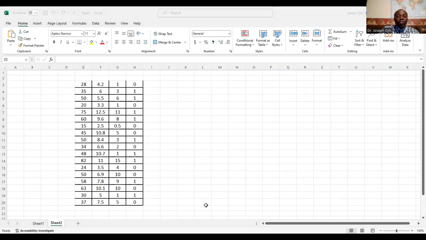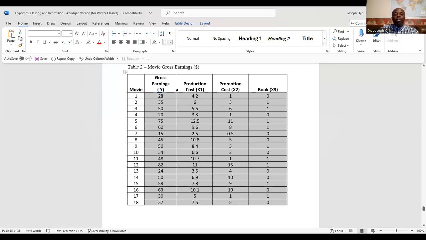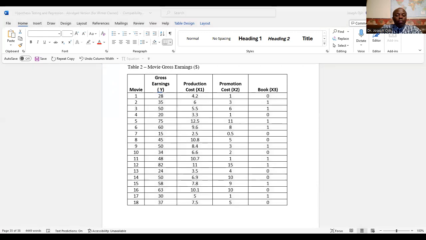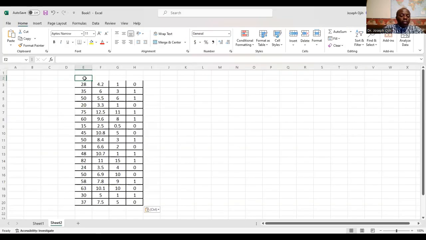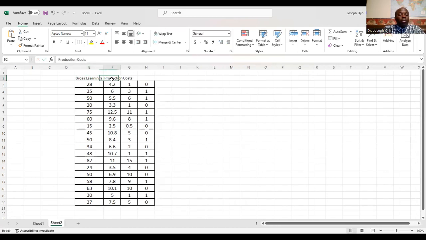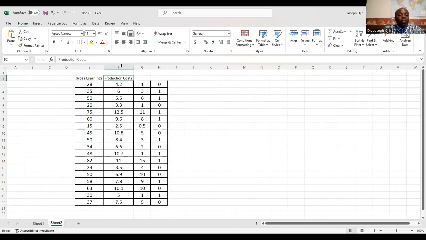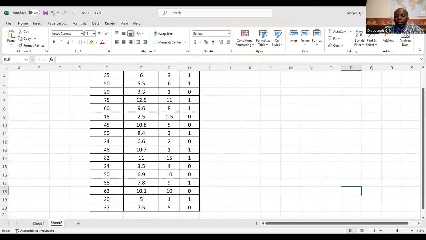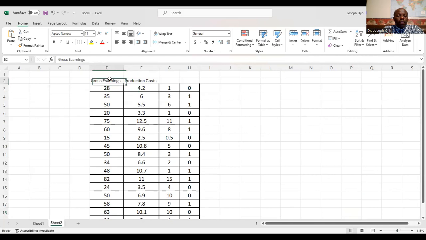The first title is gross earnings, which is the Y variable, and then production cost. I'm going to make this bigger so you can see it properly. That's better.